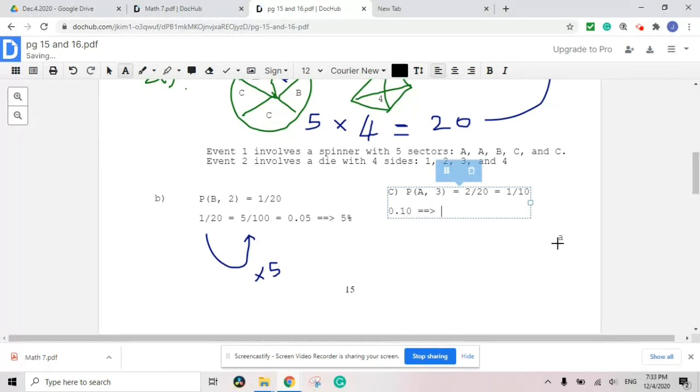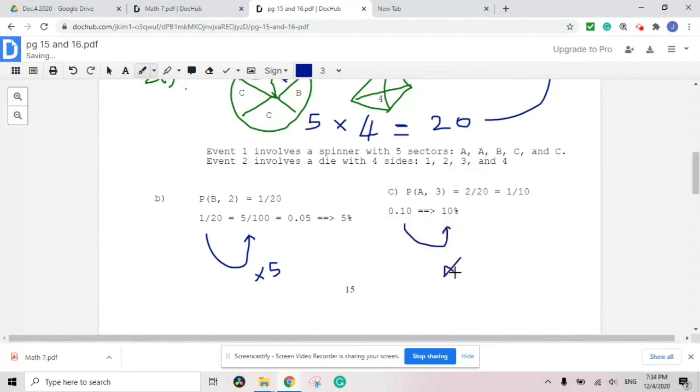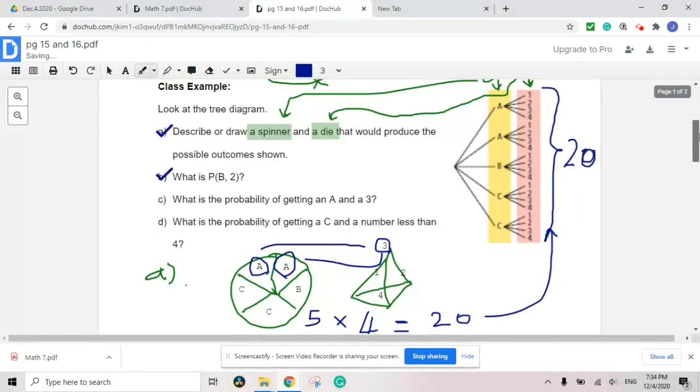If you multiply by 100 to bring it up to a percentage, then it will turn out to be 10%, or bring the decimal place twice to the right. That is what you will do. So probability for C is done.